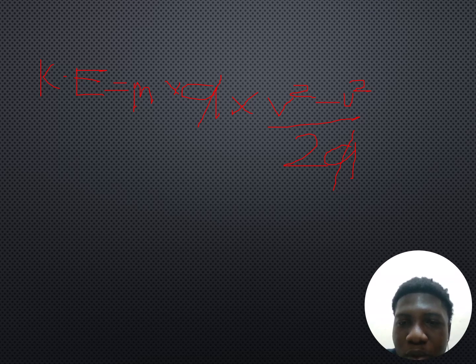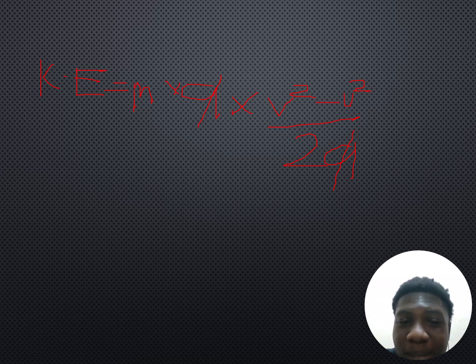So it's going to be left with m multiplied by v squared minus u squared. V squared minus u squared is also the same as change in velocity squared, because there is a change from the initial to the final velocity, but they are squared.